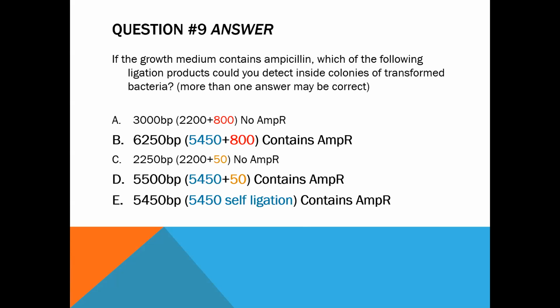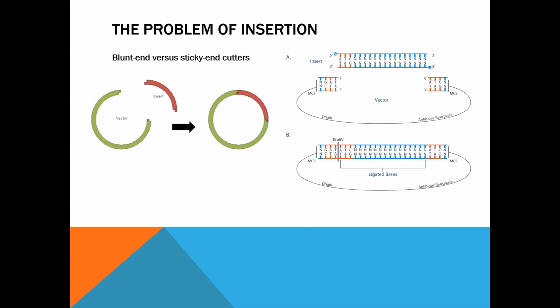That is our troublemaker. Well, technically B and E are troublemakers because when we had our sticky ends, we didn't have to worry that the insert was going to be put in the wrong way or something like that. It could only go in one direction because NotI could only bind to NotI and PstI could only bind to PstI.